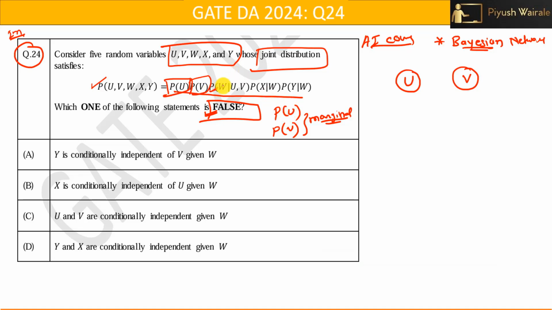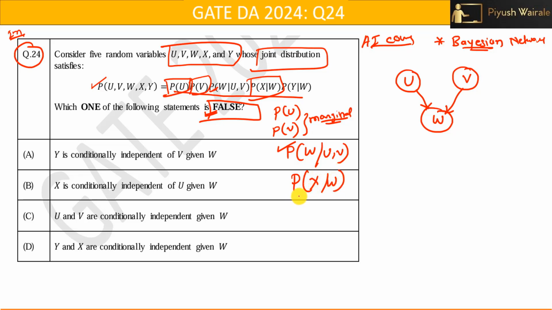Now what about probability of W given U and V? This is a conditional probability of W given U and V, so W is dependent on U and V. I can draw the arrows like this. Now what about probability of X given W?